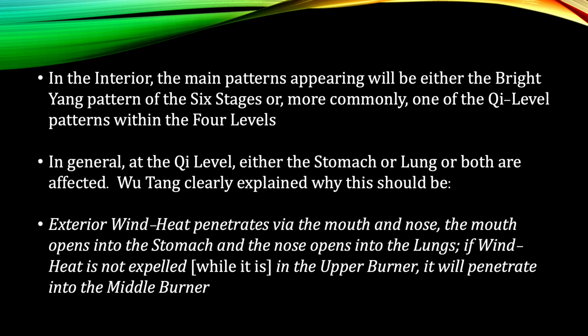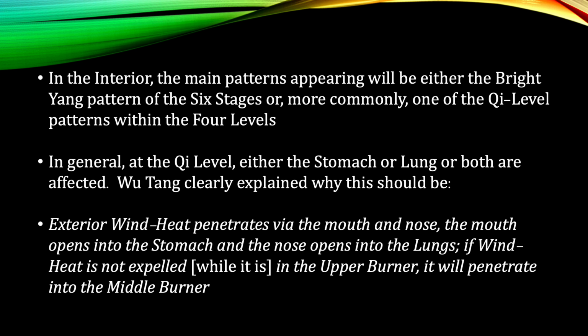In the interior, the main patterns appearing will be either the bright yang pattern of the 6 stages, or more commonly, one of the qi level patterns within the 4 levels. In general, at the qi level, either the stomach or lung, or both are affected.